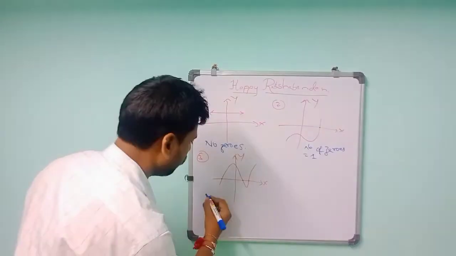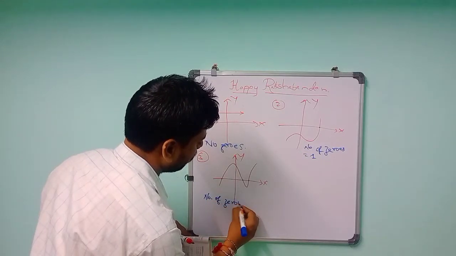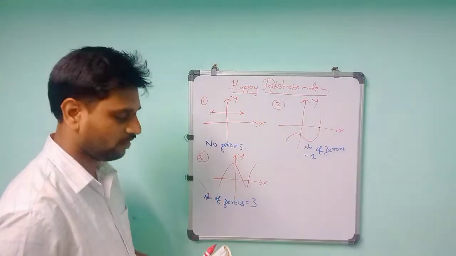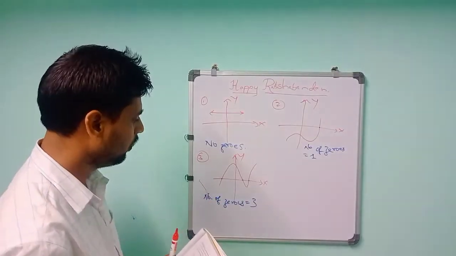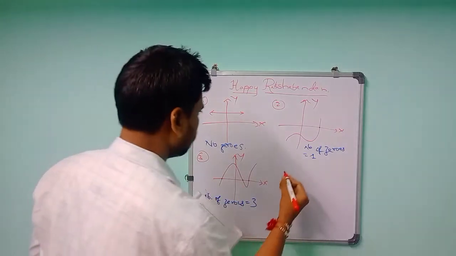So the number of zeros will be 3, because it is intersecting at the 1 point, 2 point, 3 points. Next, fourth one.